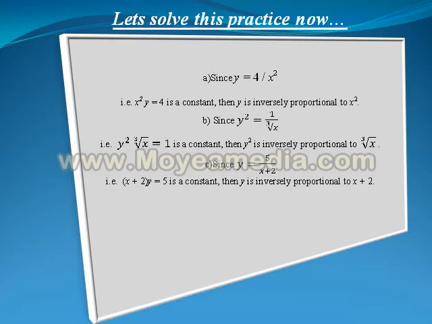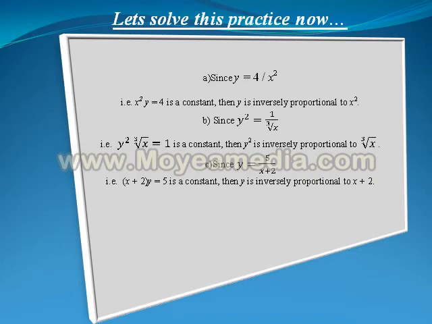So you see x square y is equal to 4, and since 4 is a constant, it means y is inversely proportional to x square. Y is not inversely proportional to x.